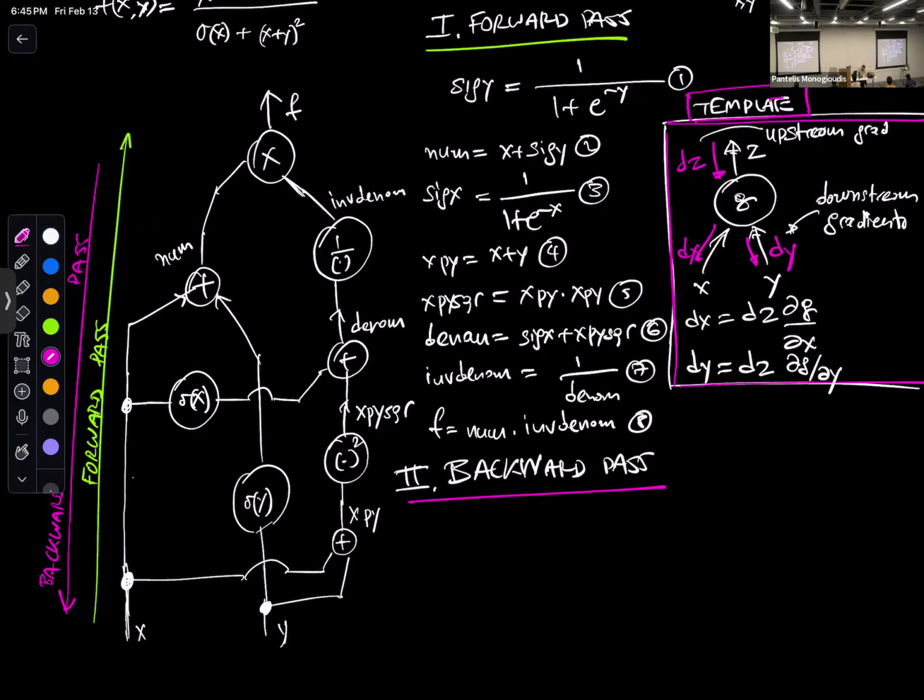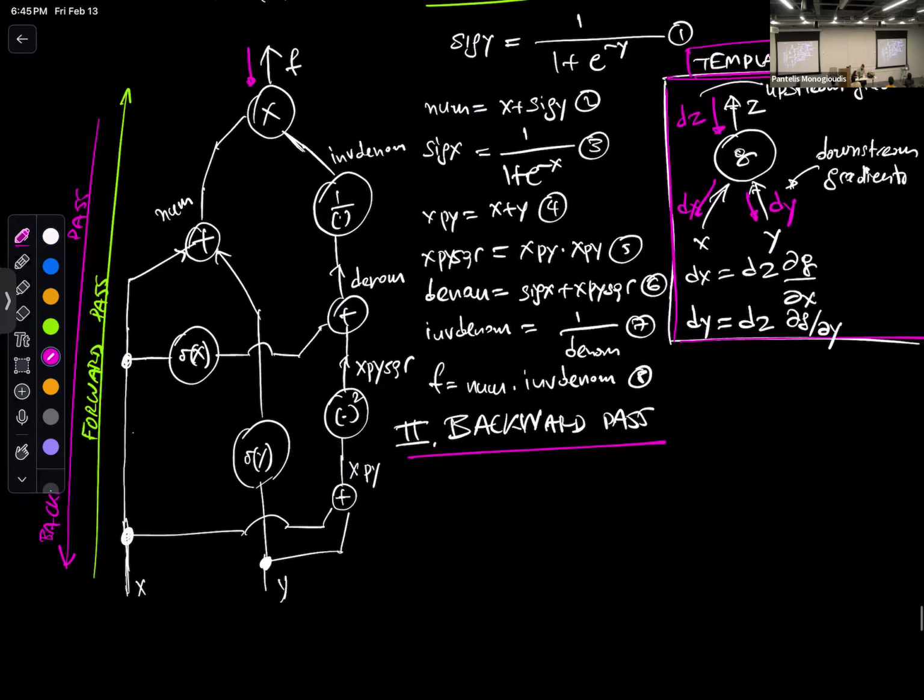So over here, I told you that someone will give me an upstream gradient. However, at the very beginning of this process, I notice that the downstream gradient is trivial to calculate, the df. Whatever name I have given to the tensor in the forward pass, I will add a small letter d in front to name the downstream gradient in the backward pass as a convention.